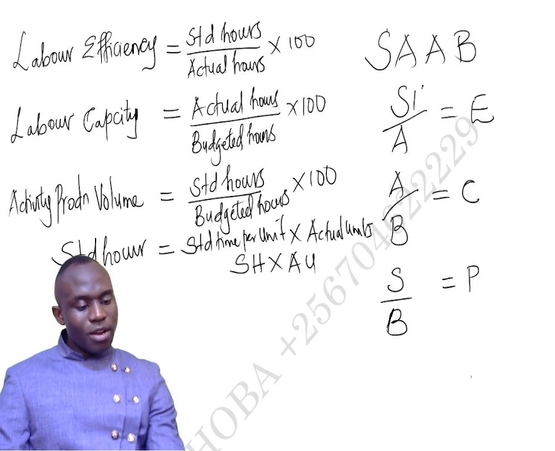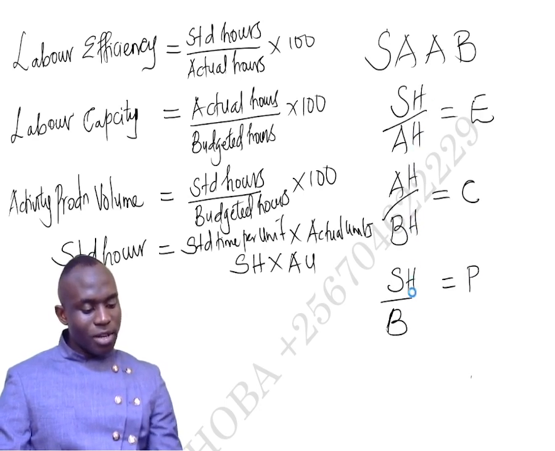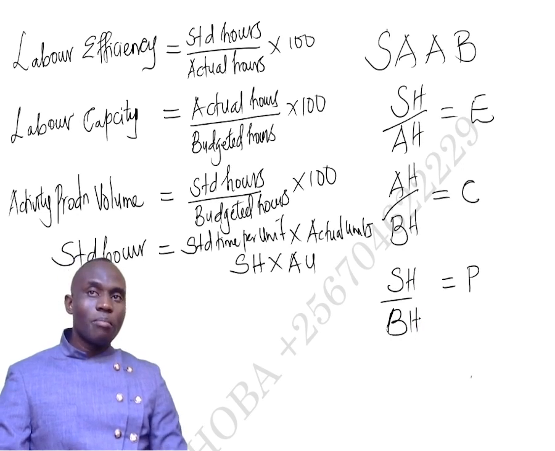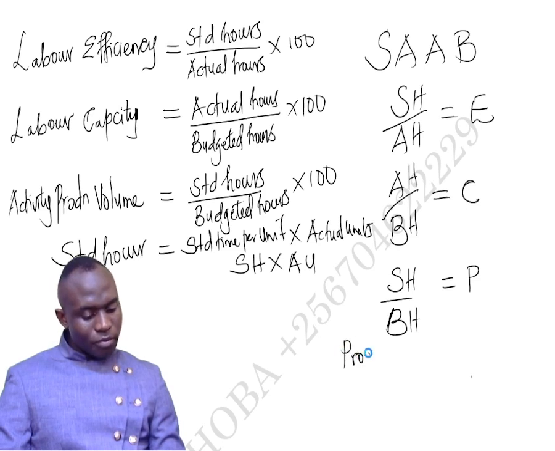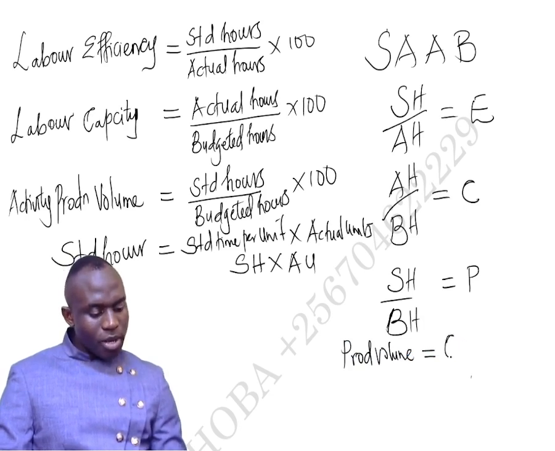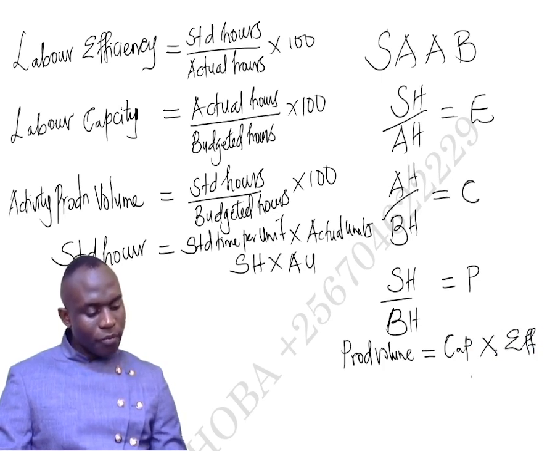So this is standard hours, actual hours, budgeted hours. But be careful with the last one. Production volume is given as the capacity ratio times the efficiency ratio. So you can get a question on this.